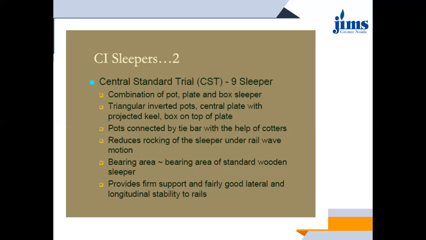Also, the bearing area is nearly equal to that of the standard wooden sleeper, which helps in providing firm support and fairly good lateral and longitudinal stability to the rails as well as the entire track.